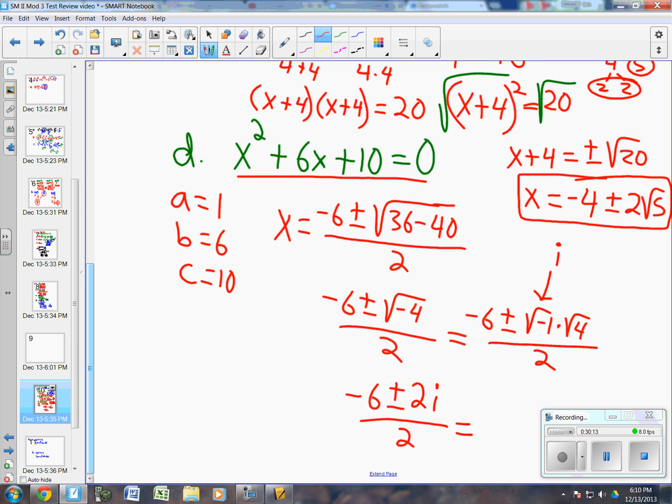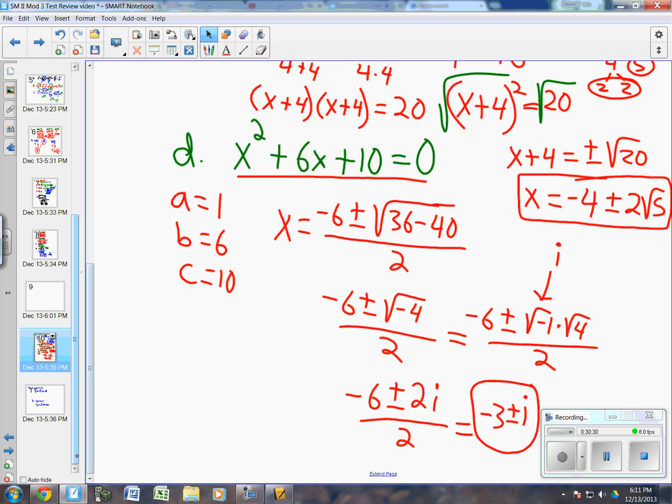And 2 will go into both of those. It will go into negative 6 3 times, and it will go into 2 1 time, so 1i. So your answer for this one is negative 3 plus or minus i. Not much different than what we're doing, but that's what we'll be learning next. Don't worry about one of those on the test. There won't be one. If there is, it'll be extra credit.